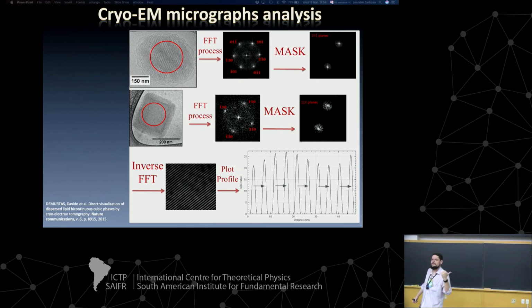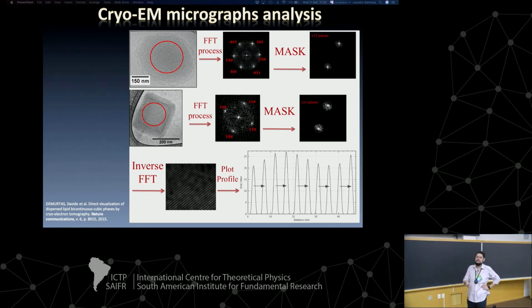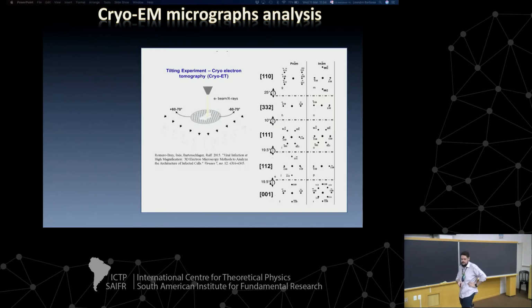What is different from SAXS, from small angle scattering, is that in small angle scattering I have an entire average of all cubosomes that are being illuminated by my X-ray beam. Here, we can see and choose each one of them, and I'd like to see how much they differ from one another, or stuff like that. So this is a very, very nice technique that we have had for the last 5 or 10 years in Campinas.